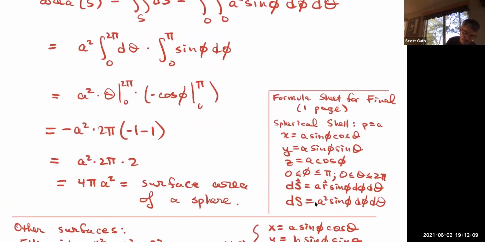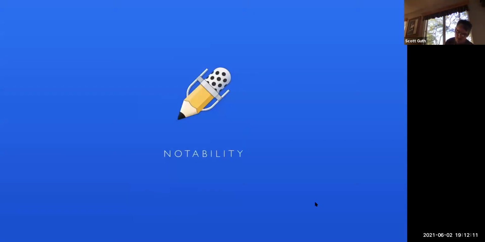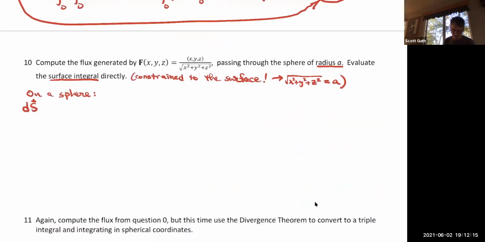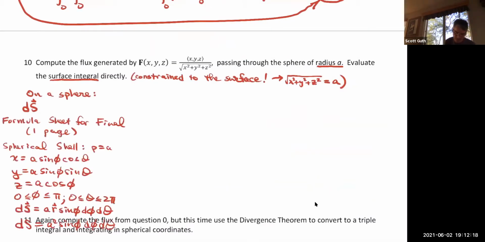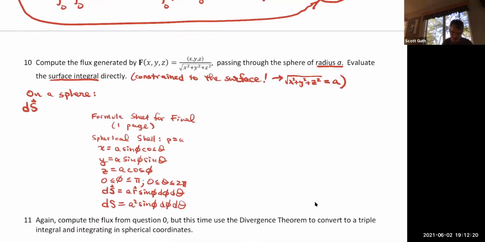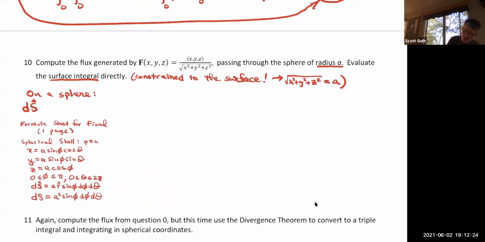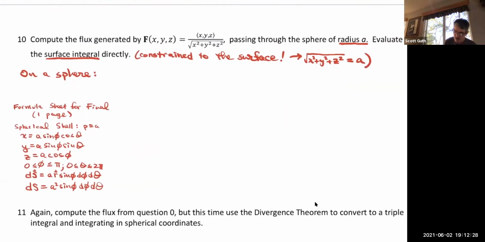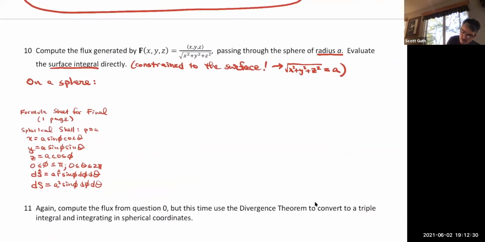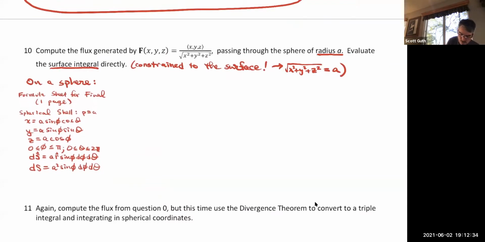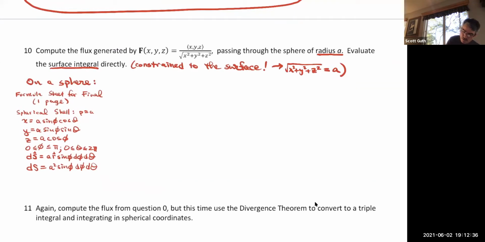So let me paste it over into the review. I'm going to make it small because it takes up a lot of space. Okay, so there's this.